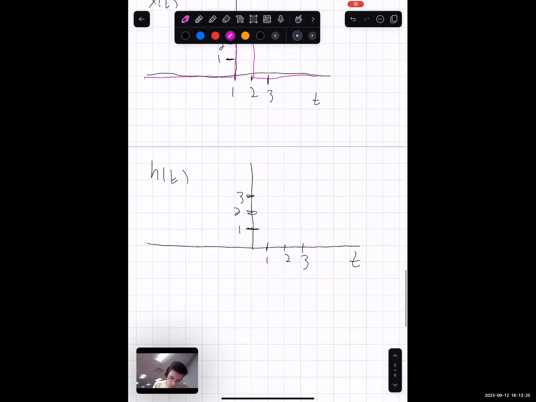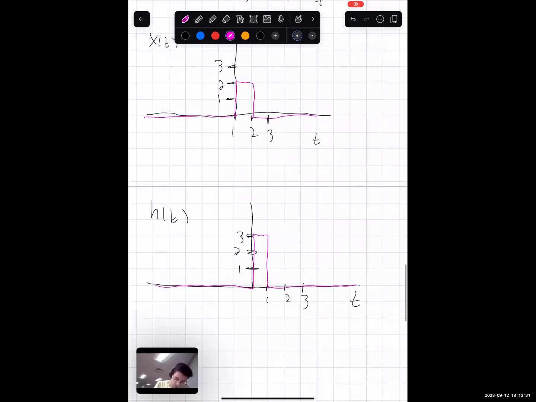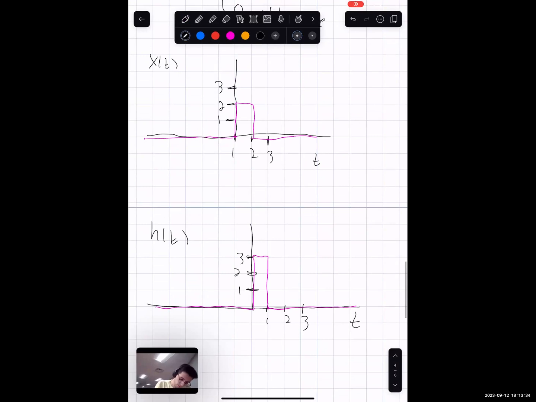It's going to equal 3 from 0 to 1. So here are our two functions. Here's our signal, and here's our kernel.